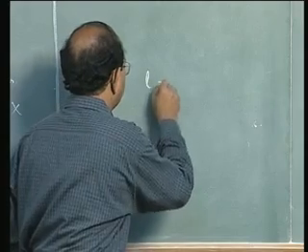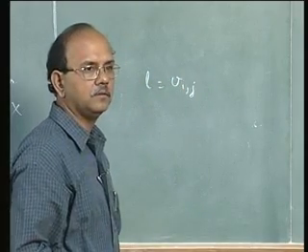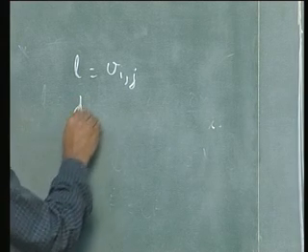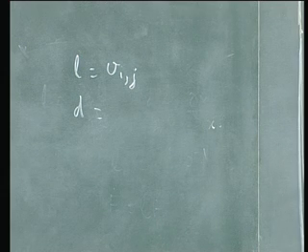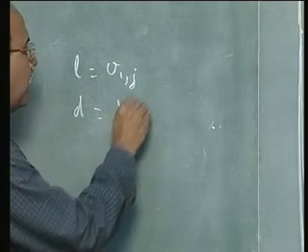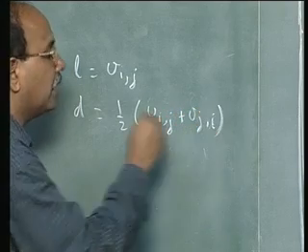So, L, as I told you, is Vi comma j. Let's say that the symmetric part is given by D, and D is equal to half of Vi comma j plus Vj comma i.